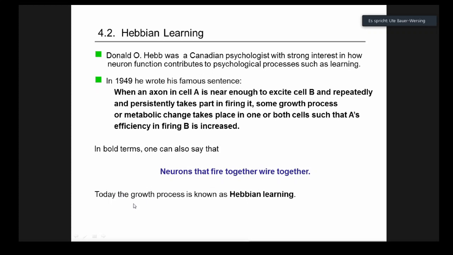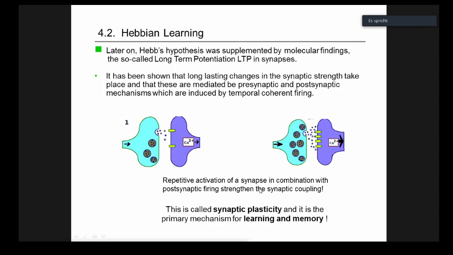But today we know that there are growth processes that establish Hebbian learning in the brain. So, for example, let's go back to what we've heard about biology. Hebb's hypothesis was later supplemented by molecular findings.